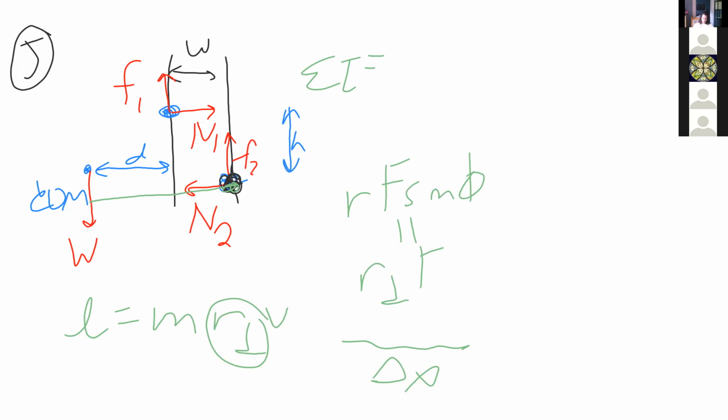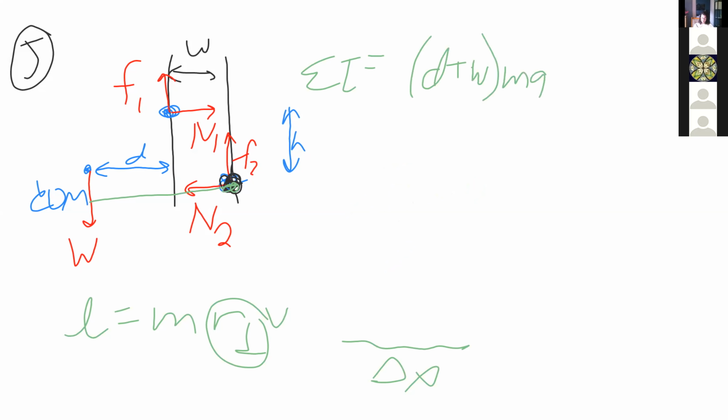The last thing that we need to do then is, well, let's go ahead and write that down. So when I do rF, our r perpendicular times the force for that weight, the perpendicular distance is d plus w, as I just said. And then we have the weight, which is mg. So that's my rF.